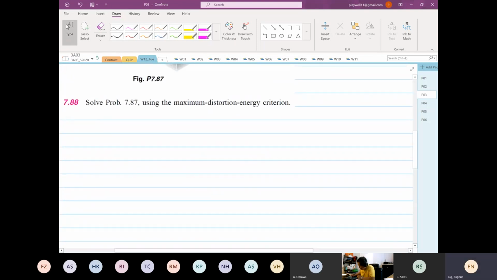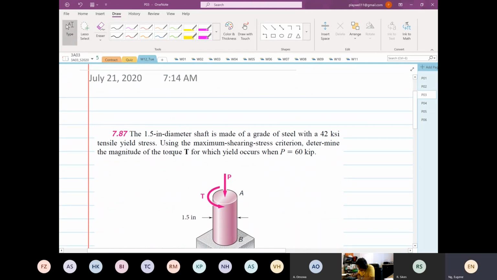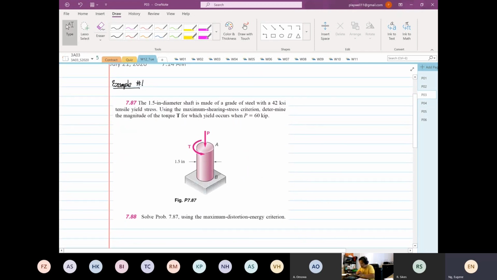Okay, so let's look at this example. Example number 1. By the way, you will have all this on Avenue to Learn. The 1.5-inch diameter shaft is made of steel which is able to withstand 42 KSI tensile yield strength.